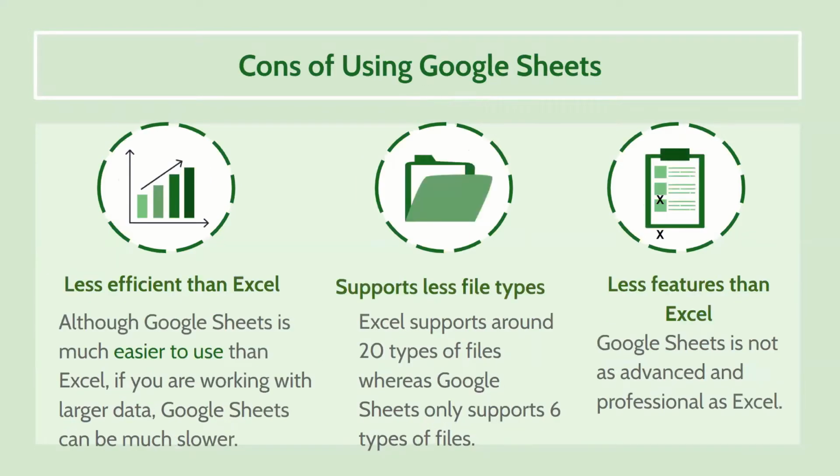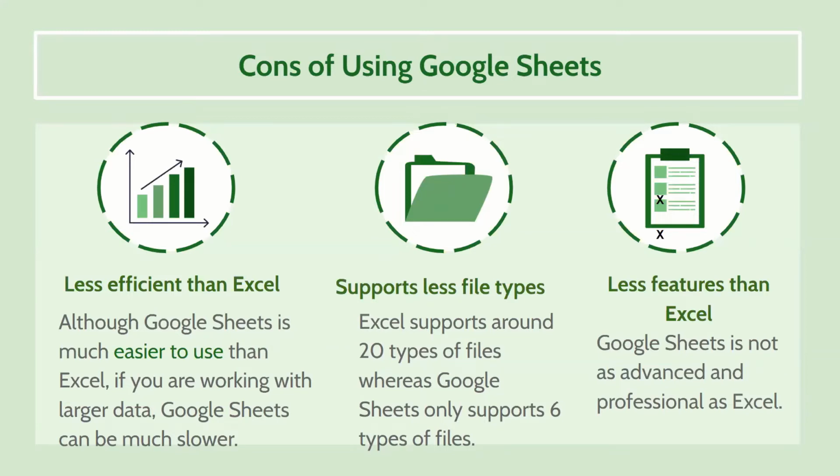So the cons of using Google Sheets. One of the cons includes Google Sheets being less efficient than Excel. Although Google Sheets is much easier to use than Excel, if you're working with larger data, Google Sheets can be much slower. Additionally, it supports fewer file types.